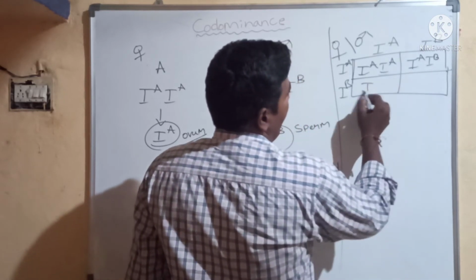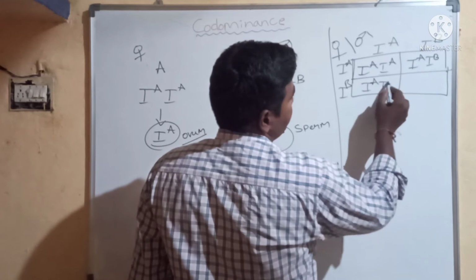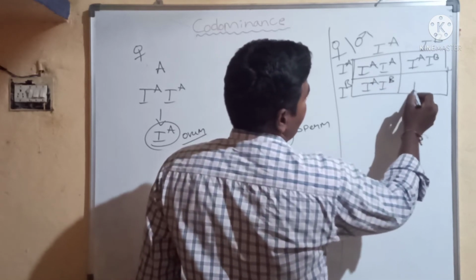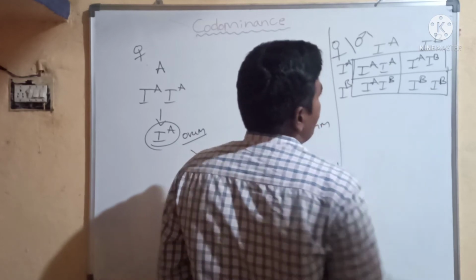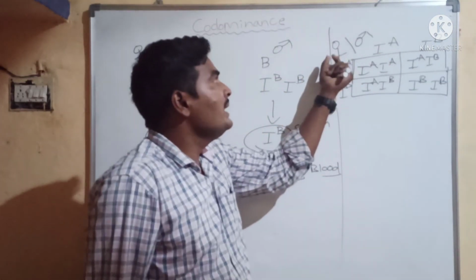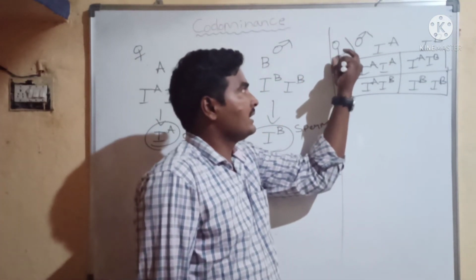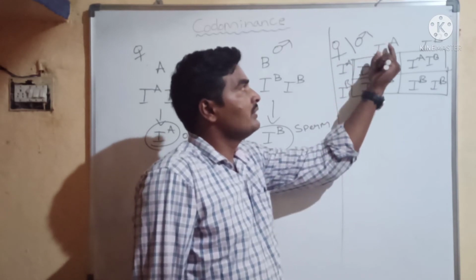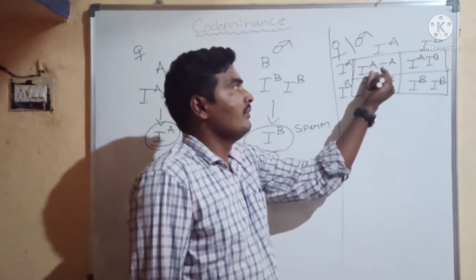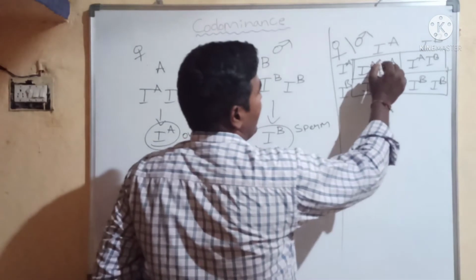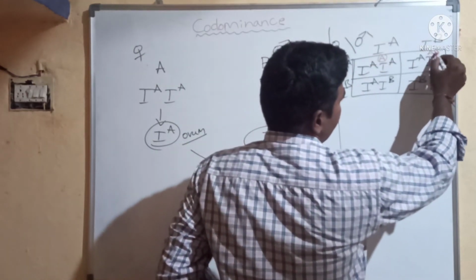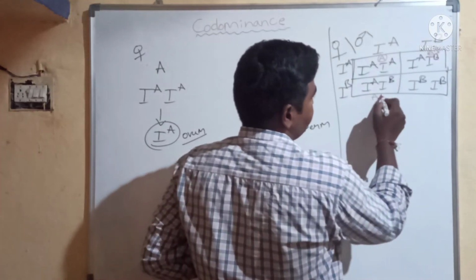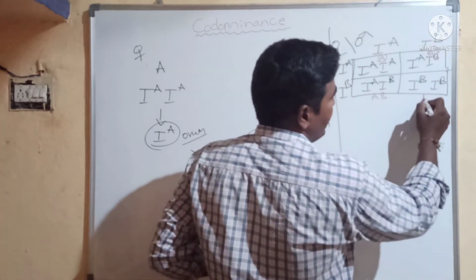Here IA IB, here IA IB, and here IB IB. This is the A blood group, this is the AB blood group, and this is the B blood group.